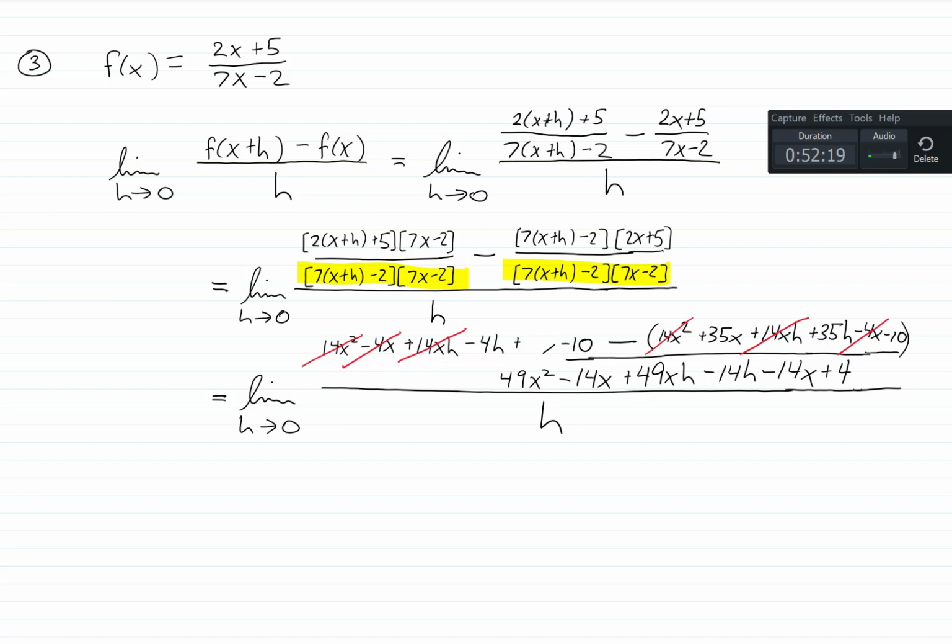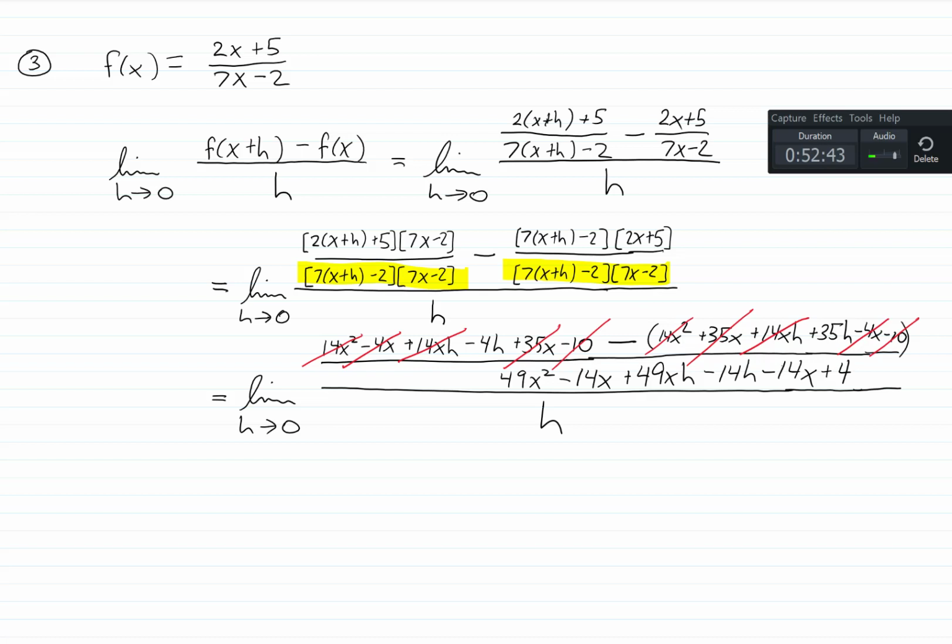Here's a 35x, and then I am subtracting 35x. And one more. There's a negative 10, and I am subtracting negative 10. Look at all that disappeared.